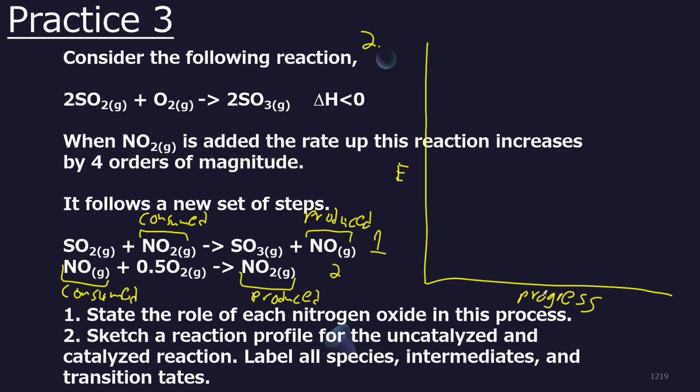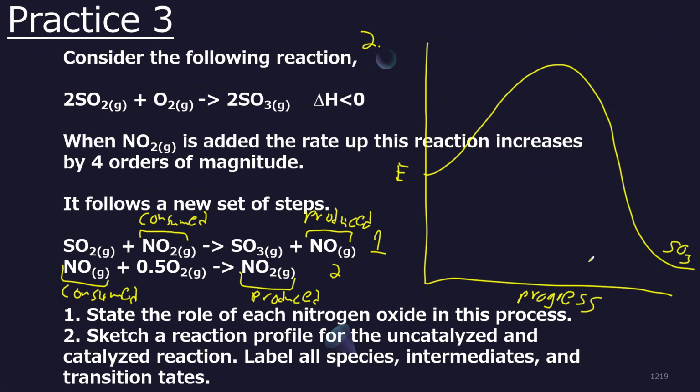So this is exothermic. The original reaction is a single step uncatalyzed. So maybe it starts here, goes up to one transition state, goes down to products. So we just have SO3 as the product, and the reactants were SO2 and oxygen.